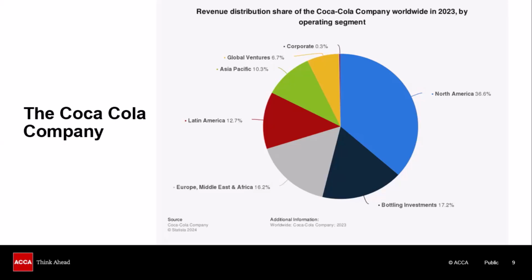But the Coca-Cola company also has non-geographical segmentation. They have the bottling investment. They also have the global ventures. This has nothing to do with geography. These are non-geographical segments. The reason why we have this slide here is to understand that segmentation is not always about geography. Yes, in most cases, companies segment by geography, but it's not just about geography. There are also non-geographical segmentations. That's what we have here on the slide.